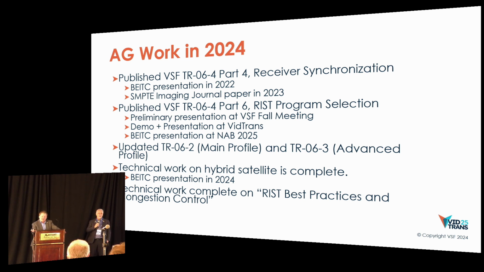And as most of us who work with satellite know, Ku and Ka are wonderful, as long as it's not raining. They have a nasty habit of not working in the rain. Having lived in Atlanta for many years, there would be many, many days during the summer where it has outages. So what we're working on is a hybrid where you can have some of the advantages of satellite and some of the advantages of terrestrial using RIST.